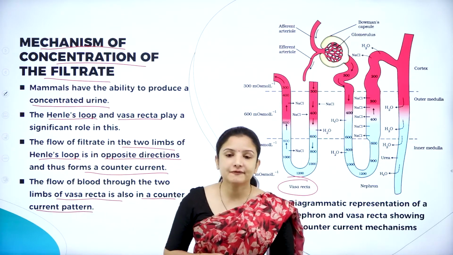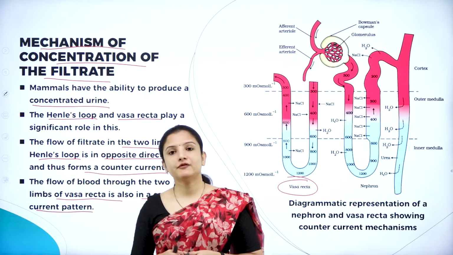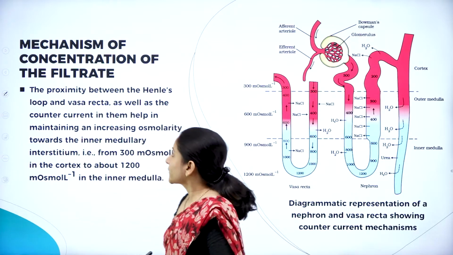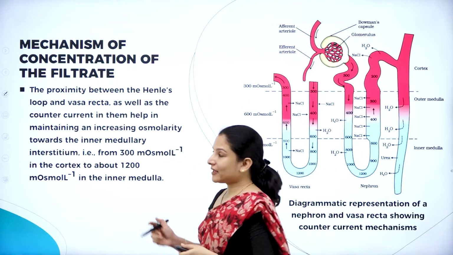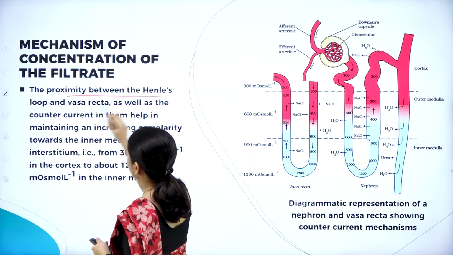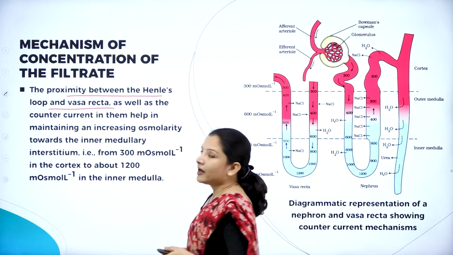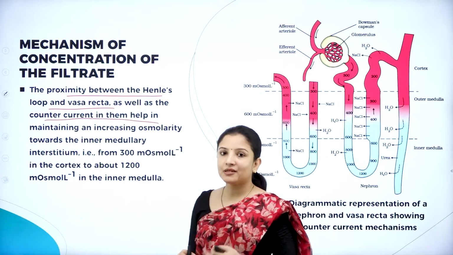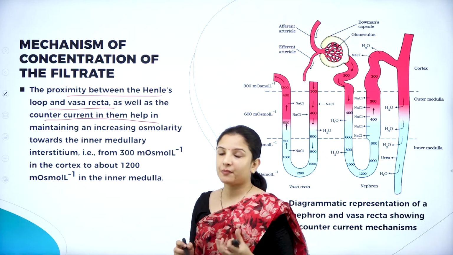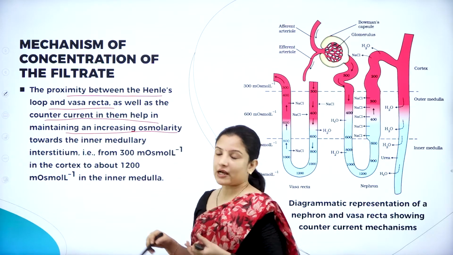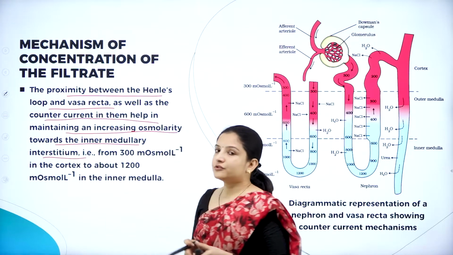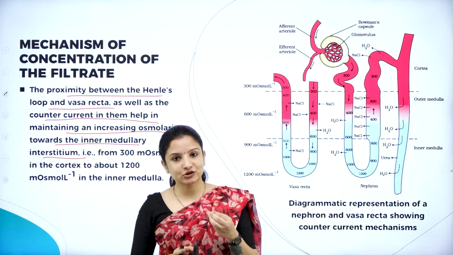So not just the flow of the filtrate or the urine, but the flow of the blood here is also a counter current mechanism. The proximity between the Henle's loop and the vasa recta, as well as the counter current mechanism in them, is what helps in maintaining an increasing osmolarity towards the inner medullary interstitium. So the concentration has to be maintained.